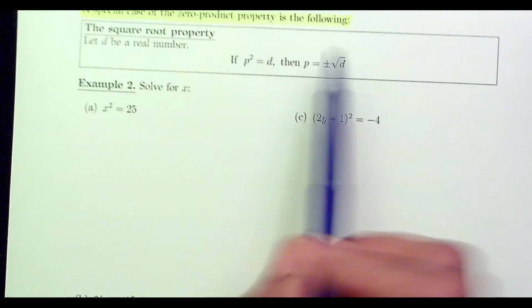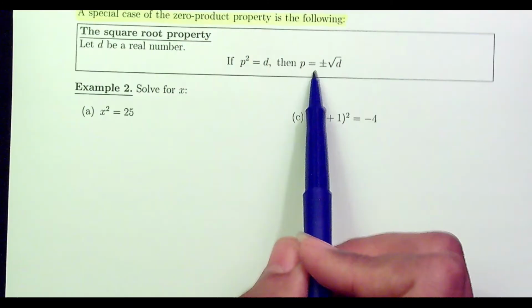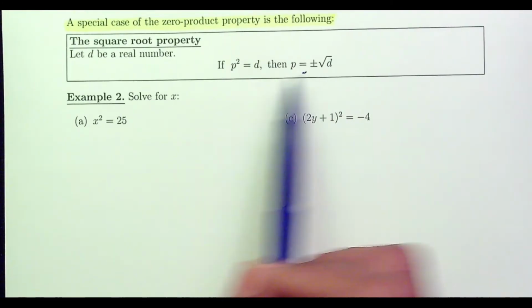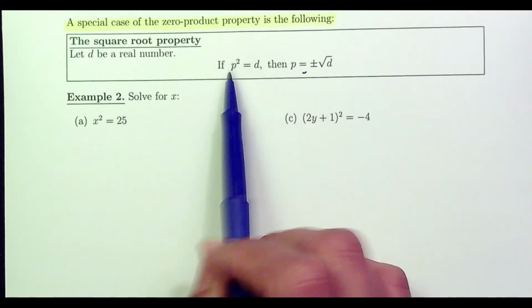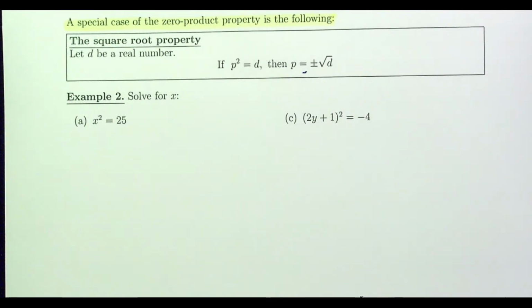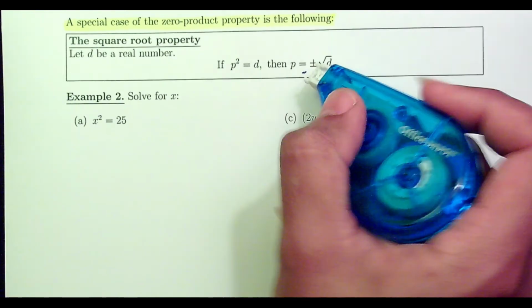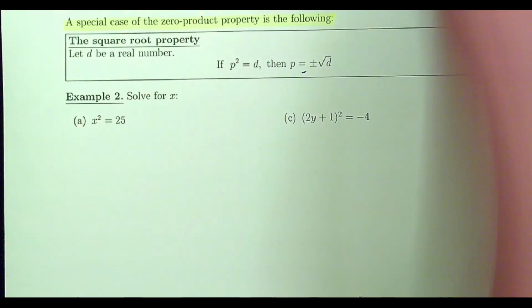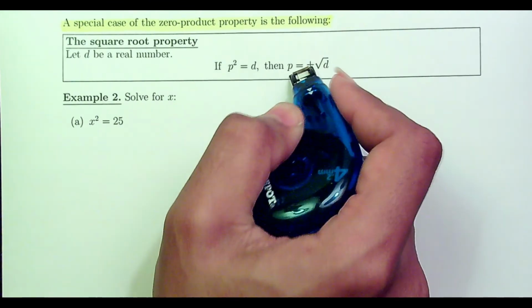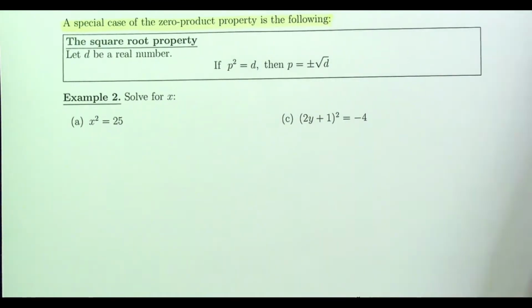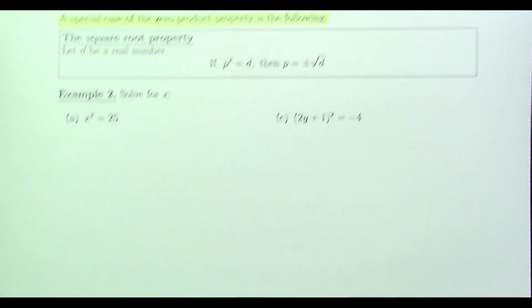And the easy way to remember this is what I told you. If you start with any equation like that, you are allowed to take the square root on both sides, provided that on one side you put plus or minus.